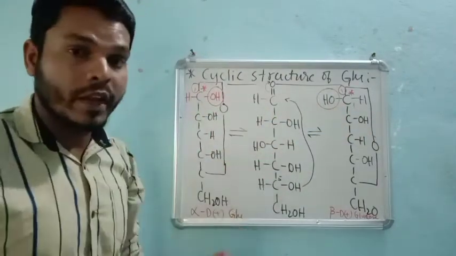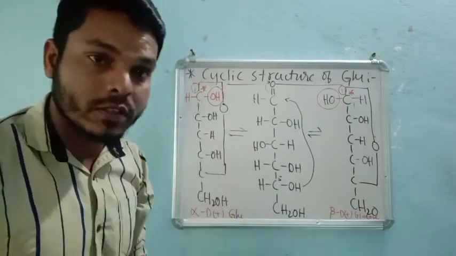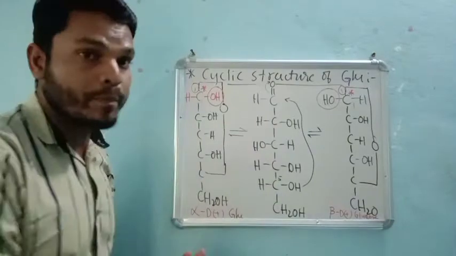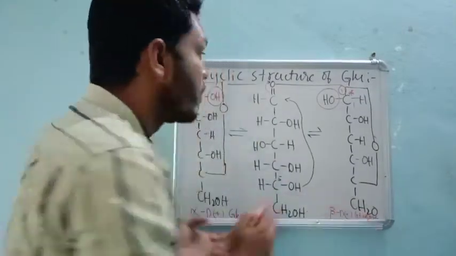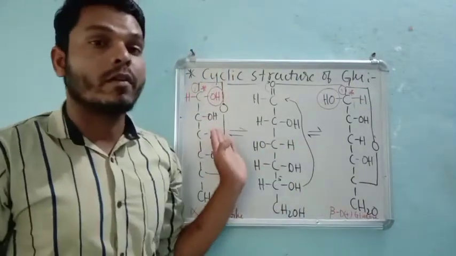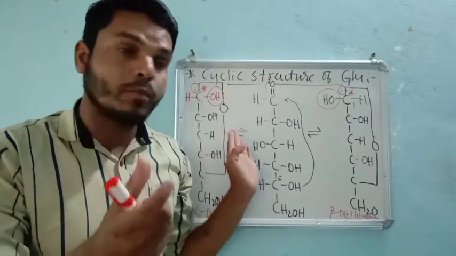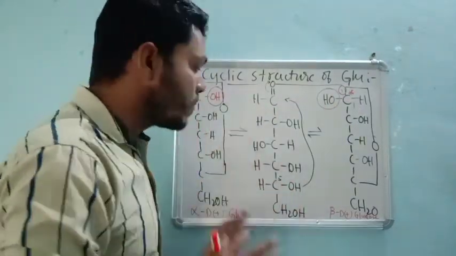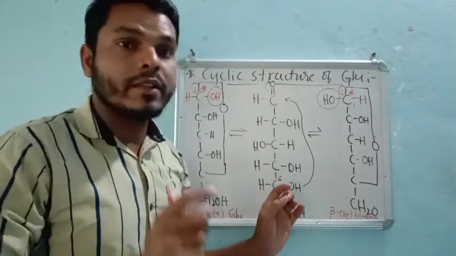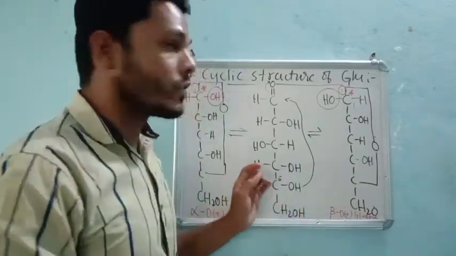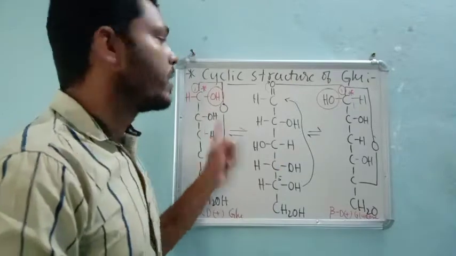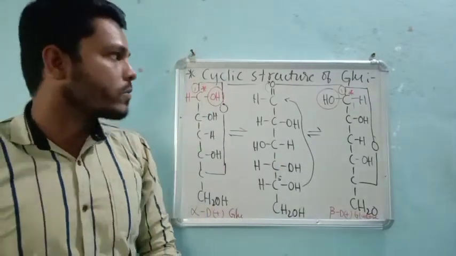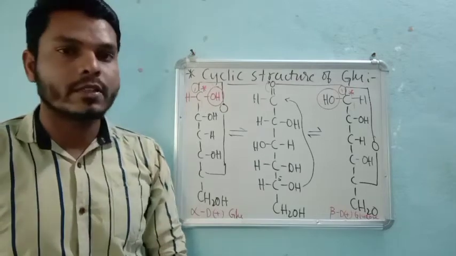The position is the same and the molecules are also the same, but the configuration is different. If they have the same position and the same compound, and differ in their configuration, then those are called anomers. So dear students, this is all about the cyclic structure of glucose.